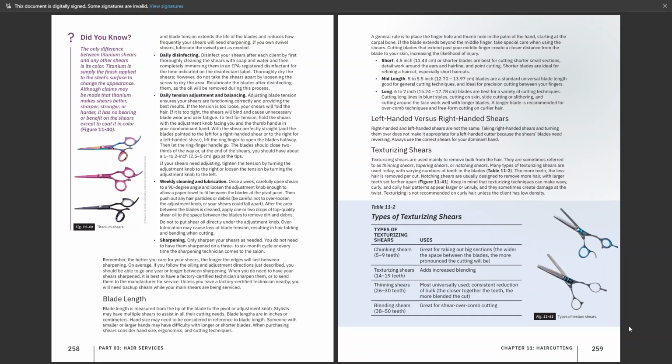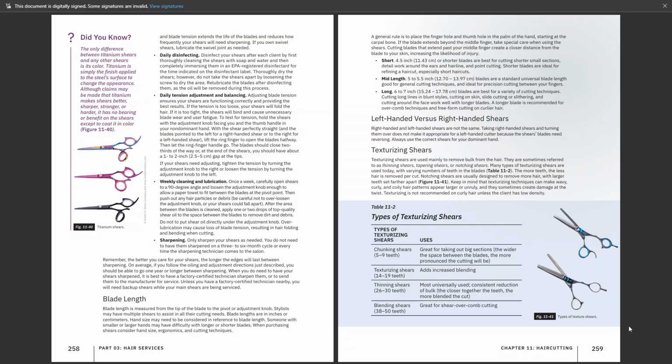Disinfect your shears after each client by first thoroughly cleaning the shears with soap and water and then completely immersing them in an EPA registered disinfectant for the time indicated on the disinfectant label. Thoroughly dry the shears. However, do not take the shears apart by loosening the screw to dry the area. Relubricate the blades after disinfecting them, as the oil will be removed during this process.